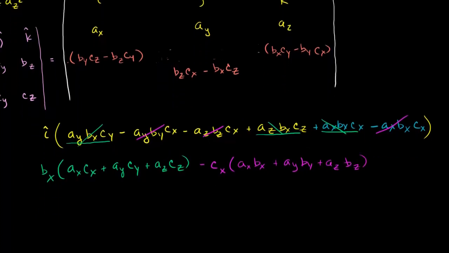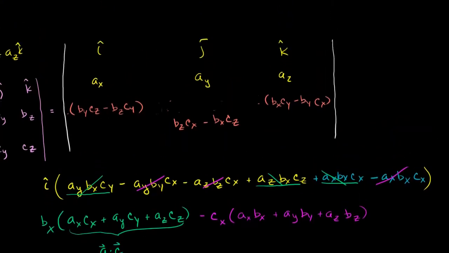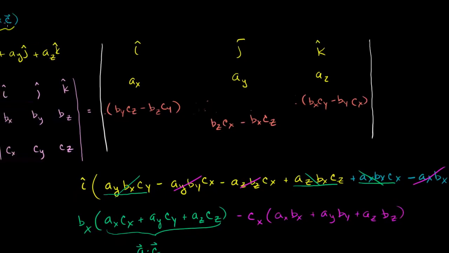And what is this? Well, this right here in green is the exact same thing as the dot product of a and c. It's the dot product of this vector and that vector.